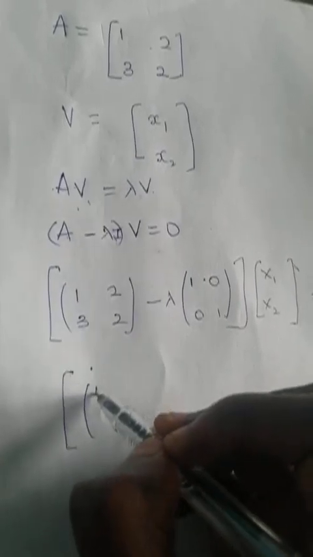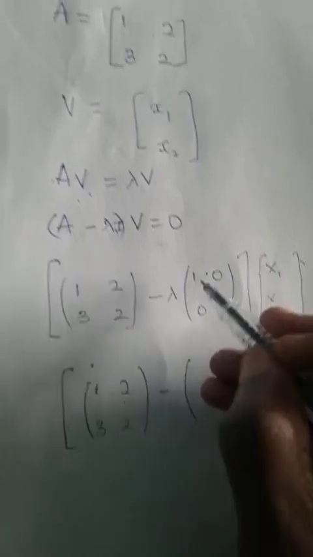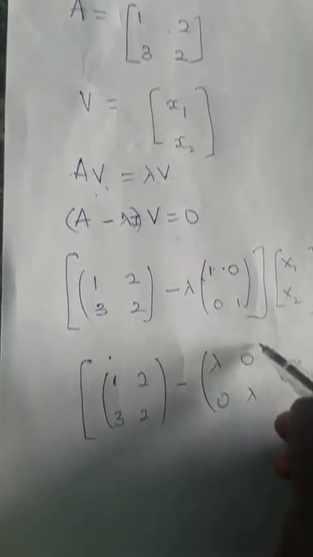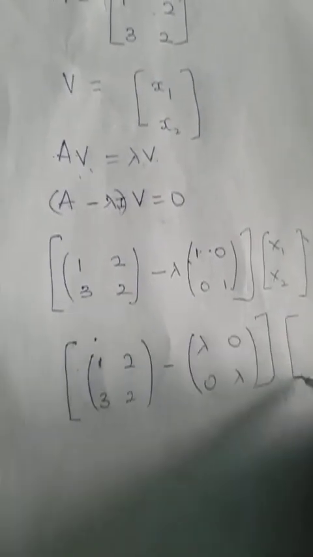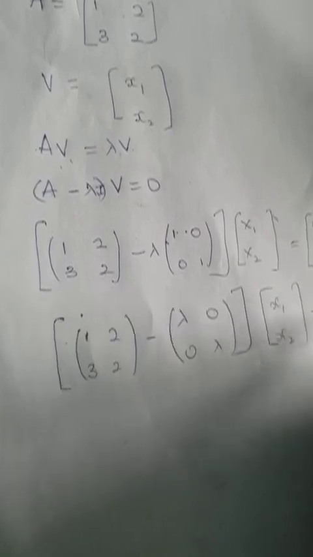Let's multiply the lambda with the identity matrix: 1, 2, 3, 2 minus lambda times 1 is lambda, lambda times 0, 0, then lambda. Then you have x1, x2, and as well you have 0, 0. So this is what you have now.